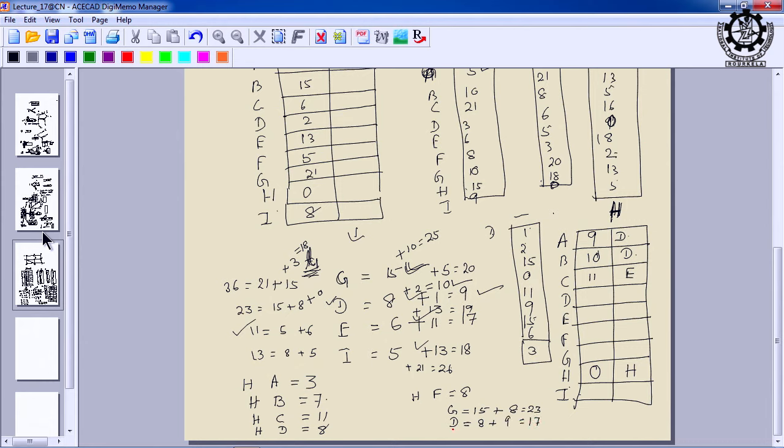And if it goes via E, this is equal to 6 plus E's table F, 18, which is equal to 24. And if it goes via I, this is equal to 5 plus I's table F. Oh great, this is 8, right. So, the new updated value for reaching F is 8 and the preferred path is I.